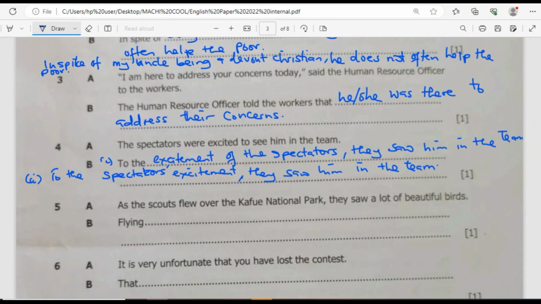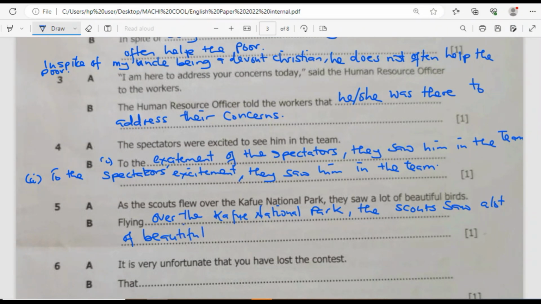So we can say flying over the Kafue National Park, the scouts saw a lot of beautiful birds.